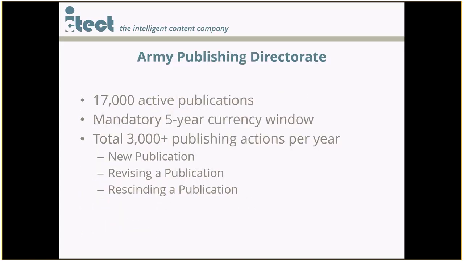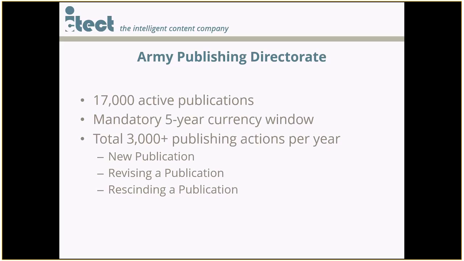The APD manages about 17,000 active publications at any given time, and about 3,000 actions, as they call it. For example, if they write a new publication, that's an action. If they revise a publication, producing a revised version, that's an action.